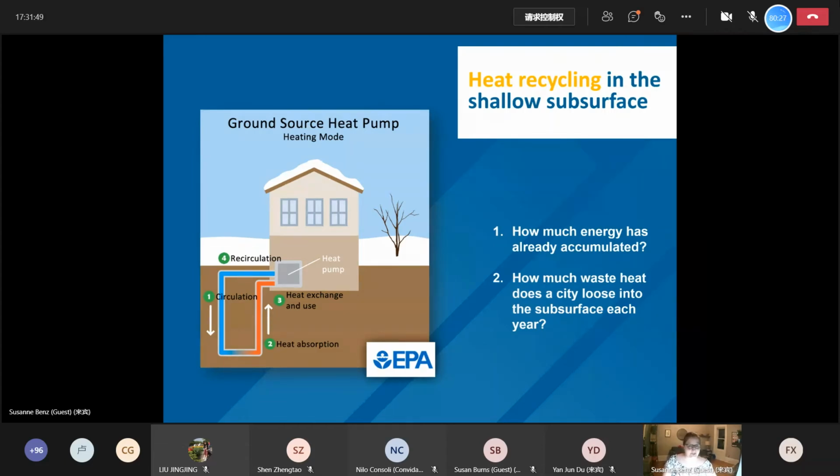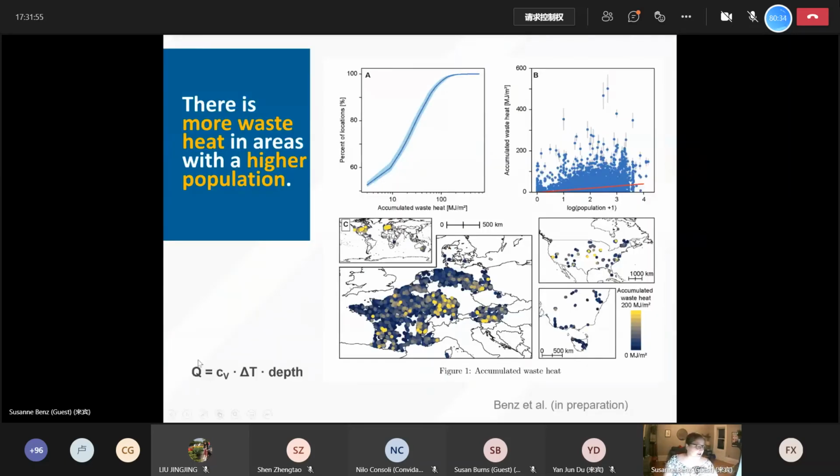Answering the first question first: how much energy has already accumulated? This is actually a quite simple equation that I've put down here in the little corner. When we know how much warmer temperatures are in a location than their natural state, so how much warmer is one place compared to its natural rural background, then we can just multiply this with our heat capacity.